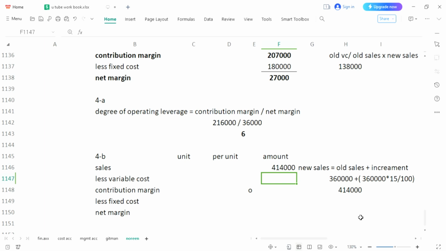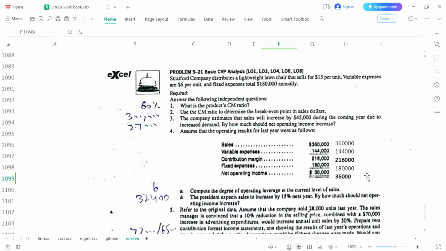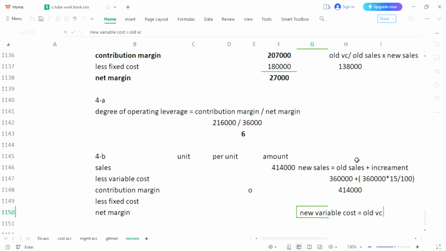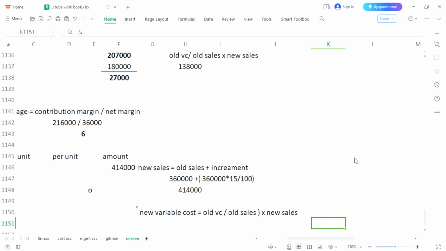So kindly understand that if you have new sales, obviously variable cost will also be altered. Old variable cost is 144,000, and I have just introduced a desi formula for calculation of new variable cost. You will take old VC, divide by old sales and multiply by new sales. With this, we can calculate our new variable cost.